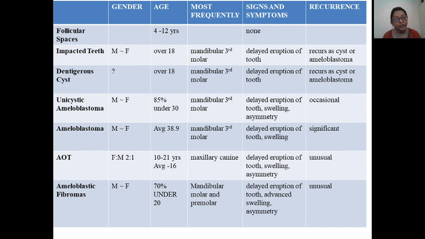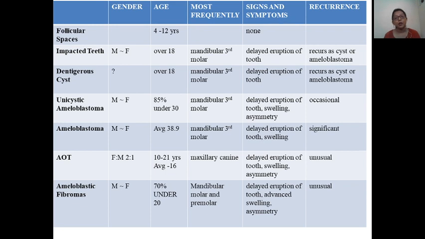In cases of dentigerous cyst, the age affected is also over 18 years, and the mandibular third molar is affected. Delayed eruption of teeth suggests there can be a dentigerous cyst, which we can make out after taking a radiograph every 6 months, and it recurs as a dentigerous cyst or unicystic ameloblastoma. In unicystic ameloblastoma, male and female predilection is the same. 85% occur under the age of 30, and the most frequent site is the mandibular third molar.